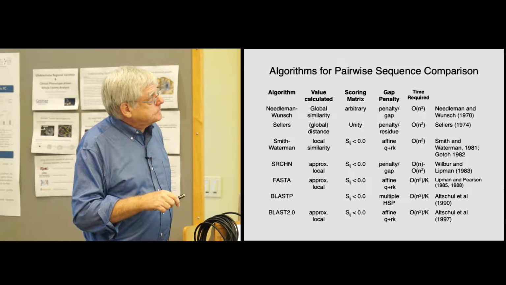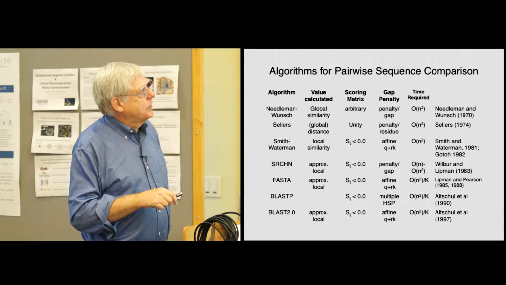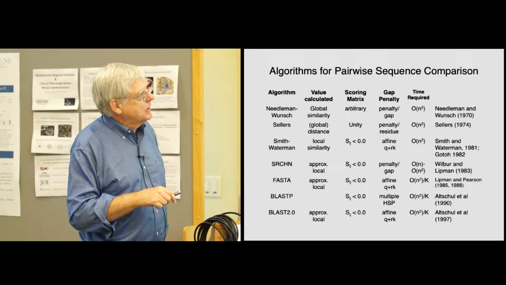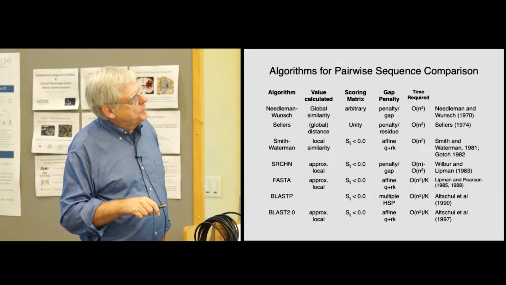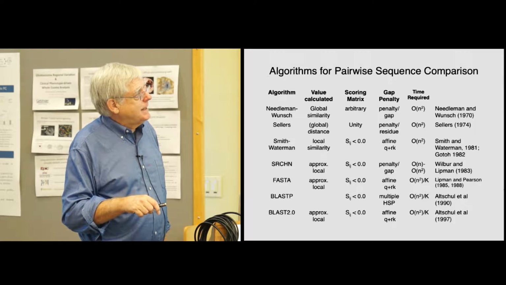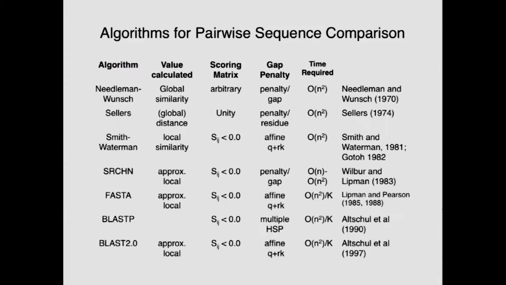The first rapid method for doing similarity search and alignment was actually developed by John Wilbur and David Lipman in 1983. It was a program called SearchN, and it was the first one to use a lookup-based hashing method for rapidly matching sequences. And that led to David Lipman and me making FASTP and FASTA, which then led to statistical thresholds for doing things, which was implemented in BLASTP.